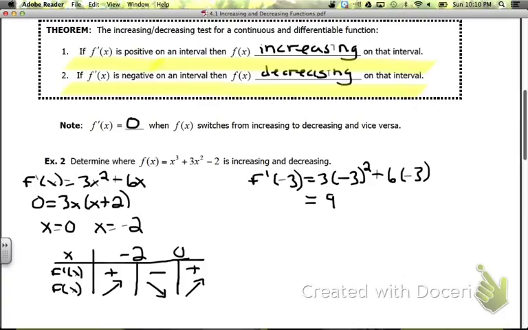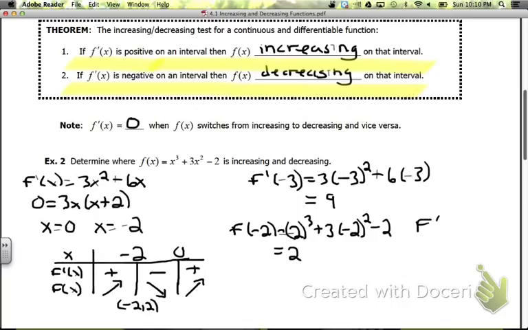So now, if we look at our values at negative 2 and 0 of our function, so f of negative 2, we sub it into our original, negative 2 cubed plus 3 times negative 2 squared minus 2, we're going to get that this is equal to 2. So our point at negative 2 is (-2, 2).